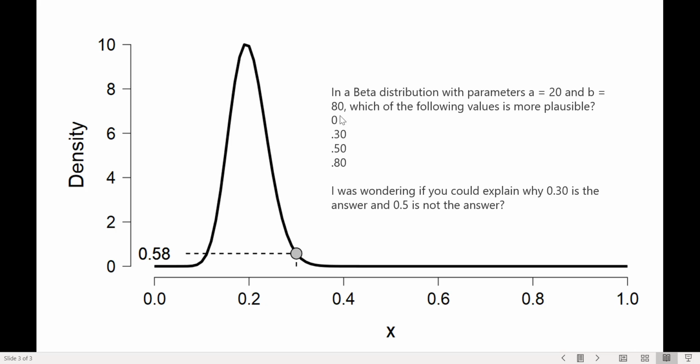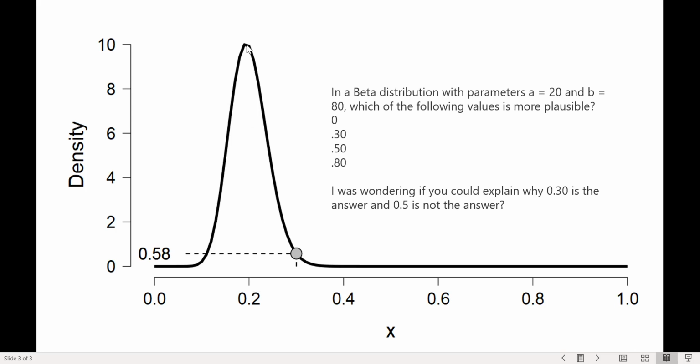And remember that the beta distribution is a distribution over values between 0 and 1. So look at the graph, values between 0 and 1. Now, as I explained before, the most probable value is 0.2, like here, 0.2.